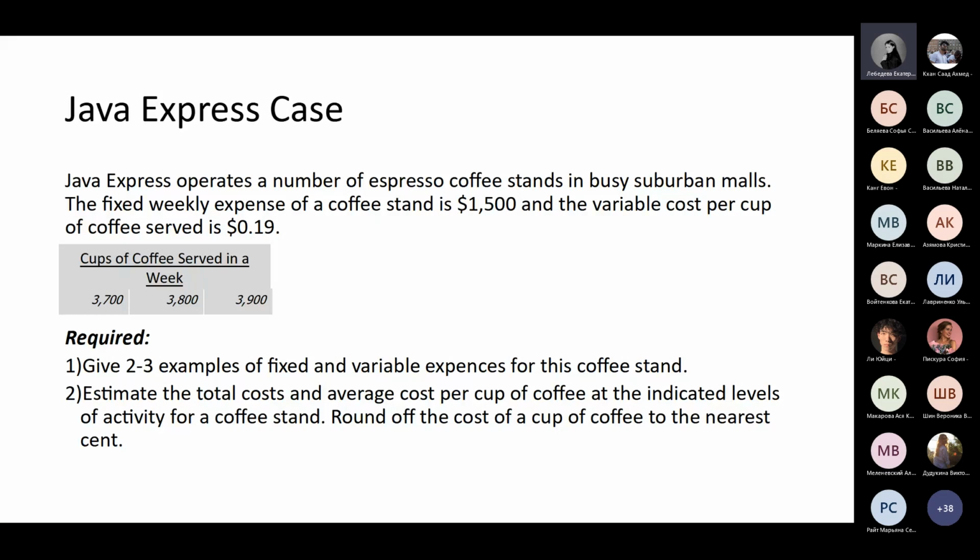So activities in this case are number of cups of coffee served, because number of cups affect the overall expenses and variable expenses, and therefore they are our cost drivers.